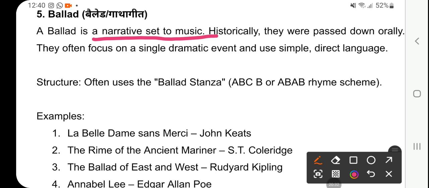That is the focus on a single dramatic event, and they use simple direct language, not very poetic language. That's just called ballad.